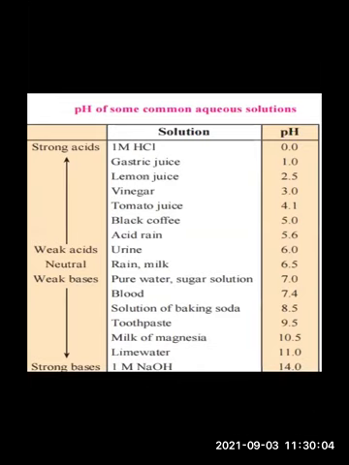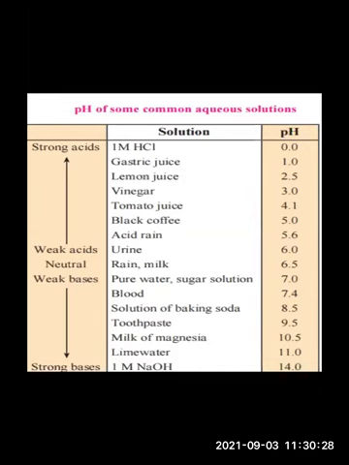7 plus 7 is 14, no? 7 is the midpoint. And what is the pH of pure water? It is 7. So what does it indicate? It is neutral. Students, remember all these things. pH 7 is the midpoint of the scale, the pH of an acidic solution is less than 7, and that of a basic solution is greater than 7.